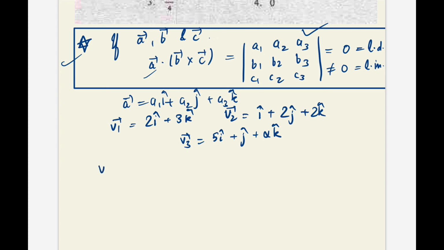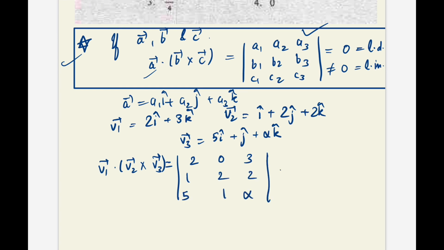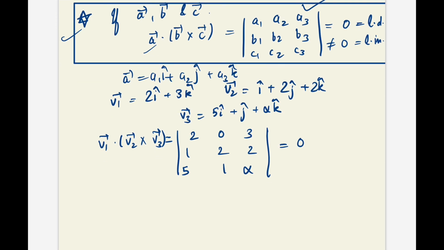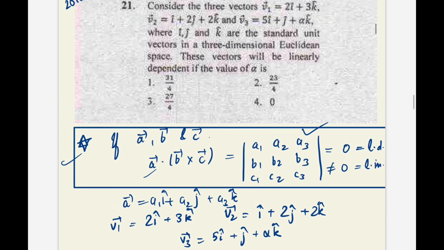This becomes v1 dot v2 cross v3, which is the determinant with rows 2 0 3; 1 2 2; 5 1 alpha. This must be equal to 0 for the vectors to be linearly dependent, as given in the question.